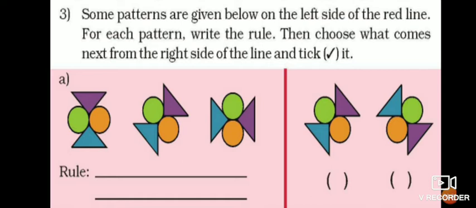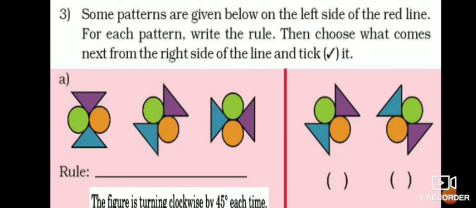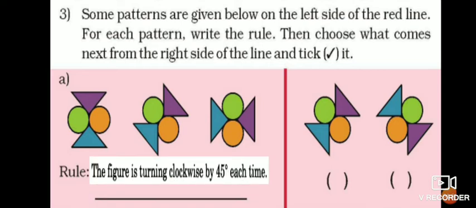Okay, so in this figure, the figure is turning clockwise by 45 degree each time, as we discussed during the classroom. Okay, so if you observe the figure, it is turning 45 degree only. See, we learnt 1 by 4, right? So 1 by 4 means 90 degree, right?